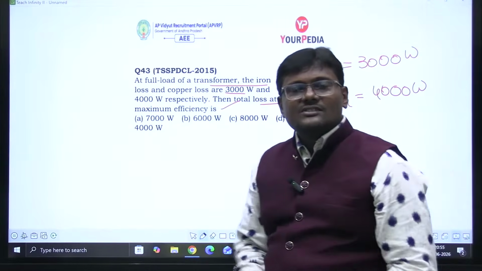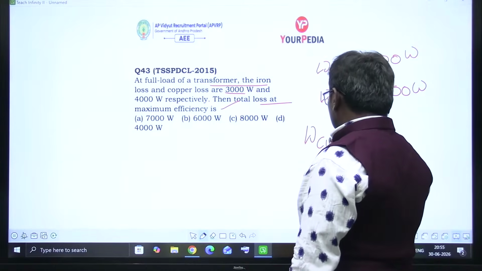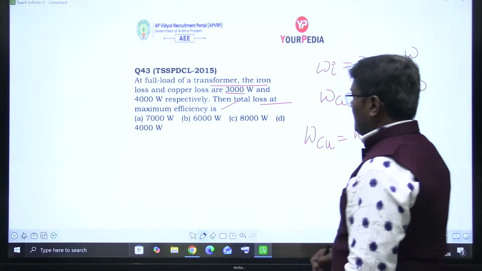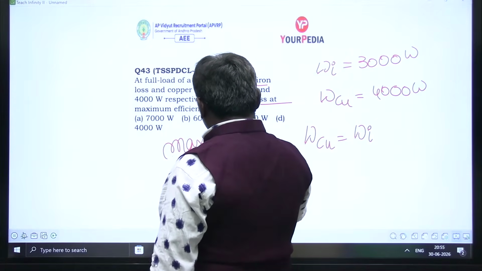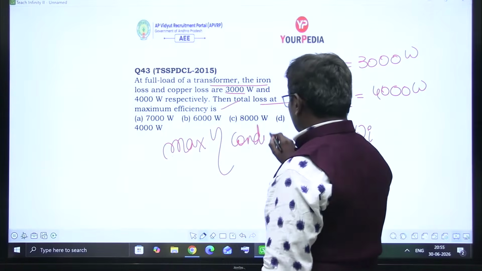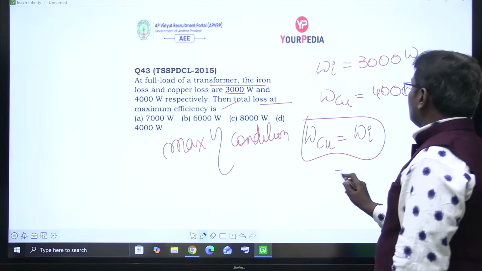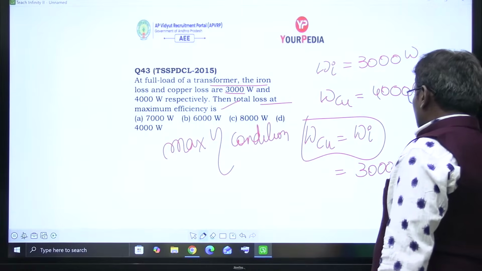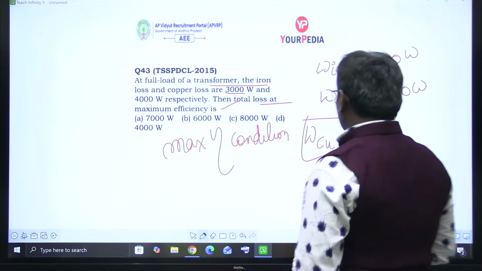At maximum efficiency, when copper loss is equal to iron loss, this is called the maximum efficiency condition. What is iron loss? It is 3000. Always remember that variable is equal to constant.